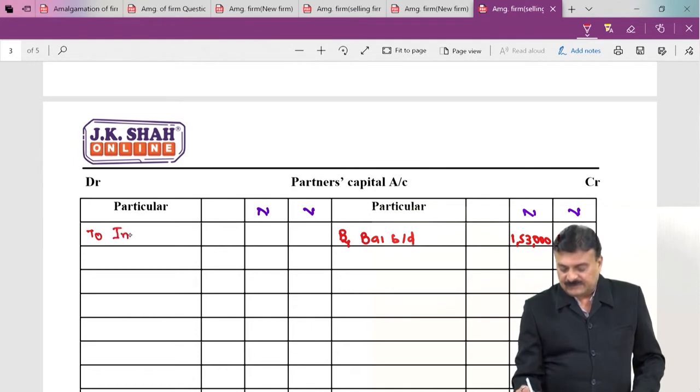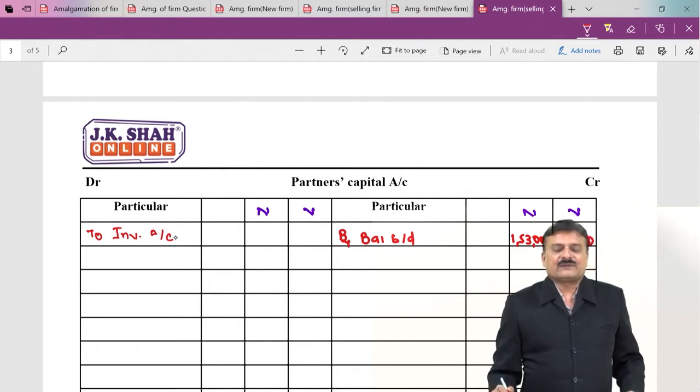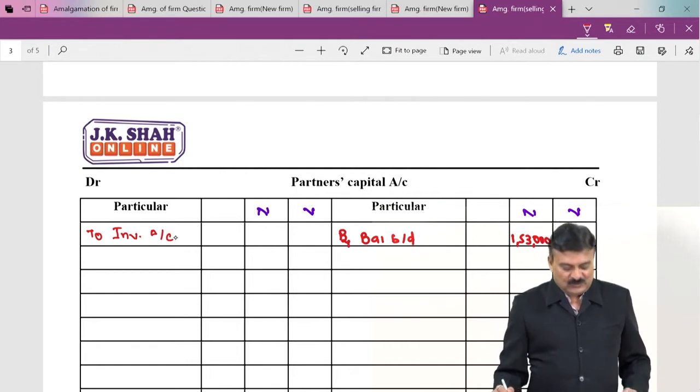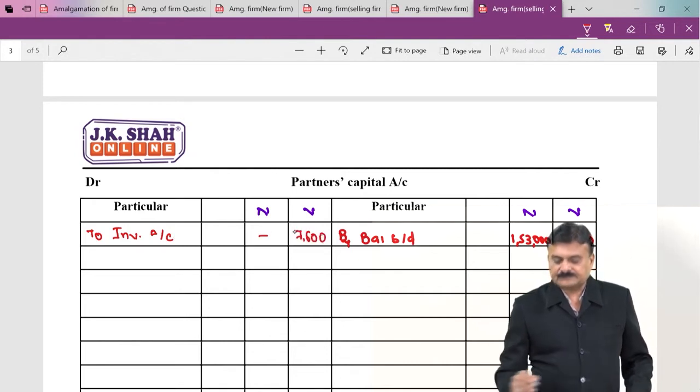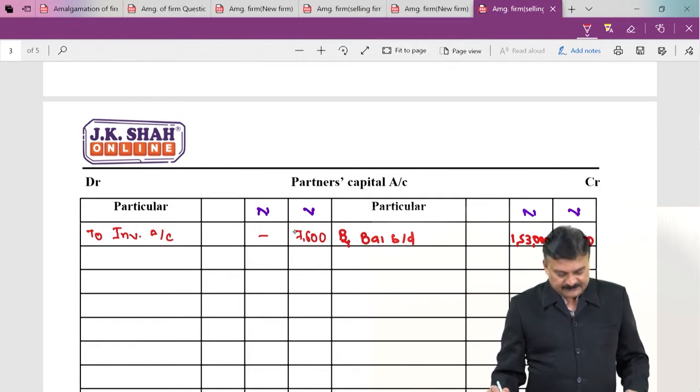So, he is the receiver, investment is going out, entry will be Vasant's capital account debit to investment. At what price he is taking over? 7,600. Continue. Last adjustment is affecting goodwill account written off in the new firm. At present I am not concerned. Proportionate capital 5,40,000 is for the new firm. At present we are not concerned.